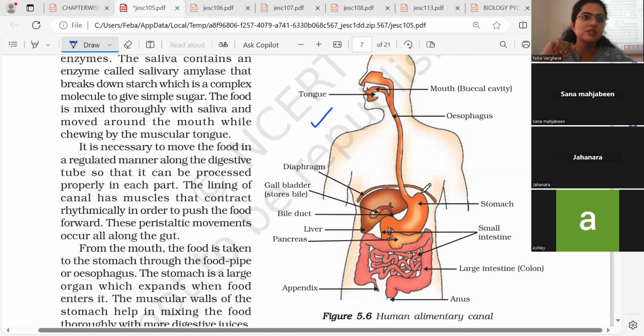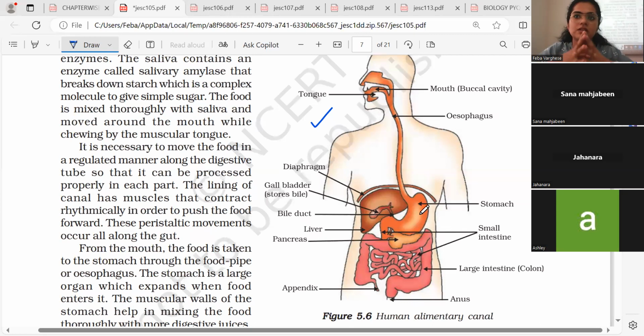Now, once it reaches the stomach, again mechanical digestion and chemical digestion are going to happen. What is the mechanical process of digestion happening over here? The stomach is a muscular bag, so it's going to churn the food and mix it with the gastric juice. Now the gastric juice comes into play. It has some functions to do.